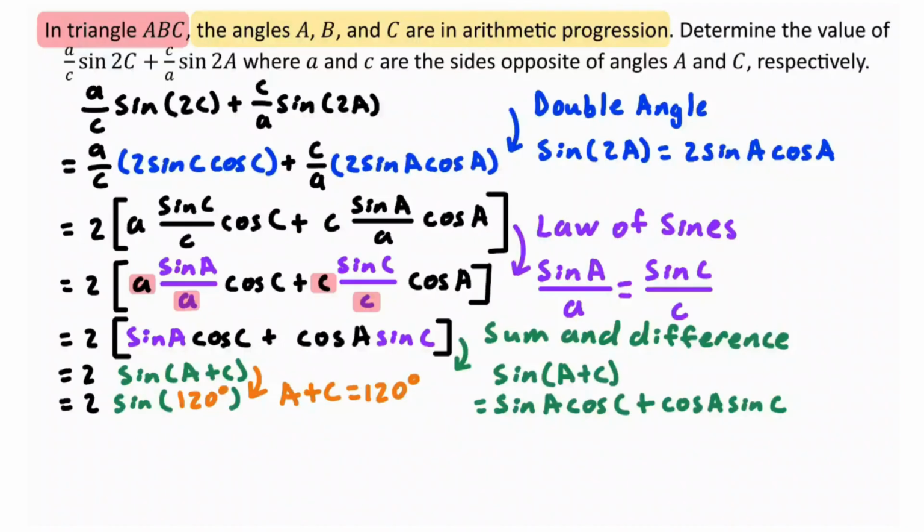So we'll substitute in, and we get 2 times sine of 120, and sine of 120 degrees happens to be root 3 over 2. And 2 times root 3 over 2 is equal to square root of 3. So that is our solution.